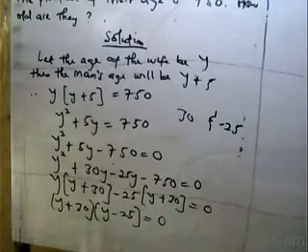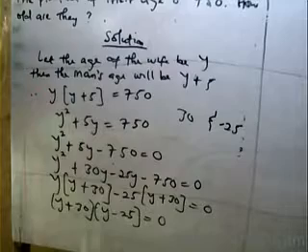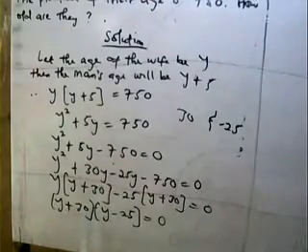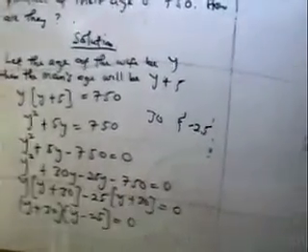From there you see that either y is minus 30 or y is plus 25. So let's move on to the next side of the board.